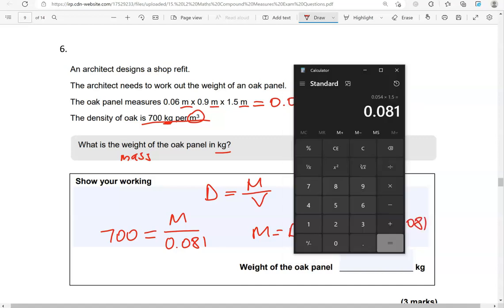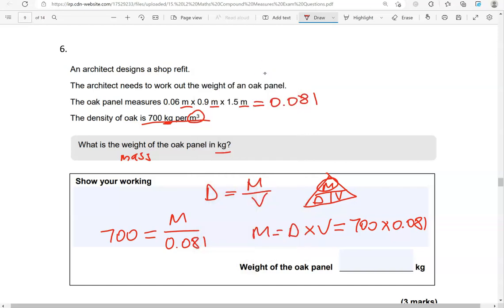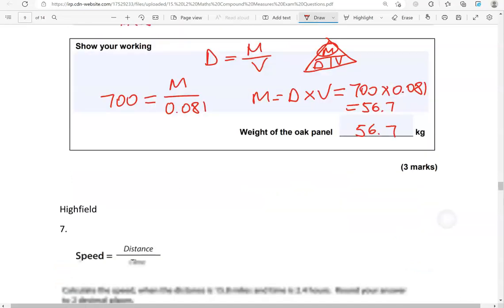So multiplying 0.081 by 700 gives us 56.7. So 56.7 kilograms is the mass.